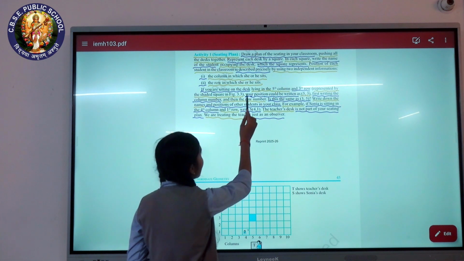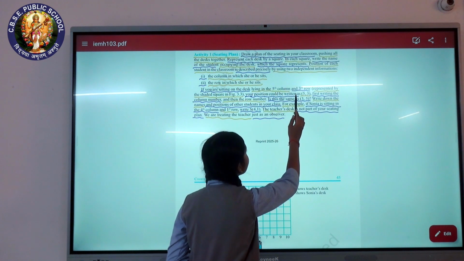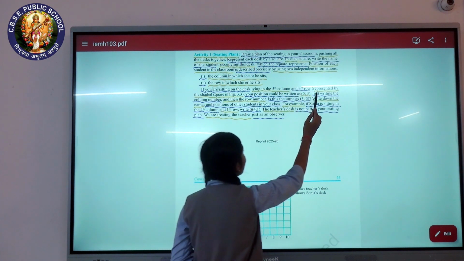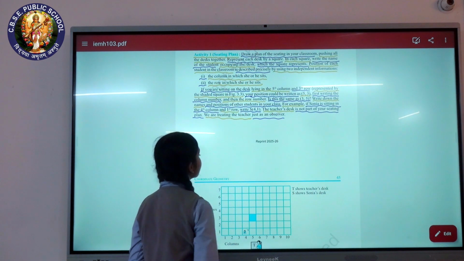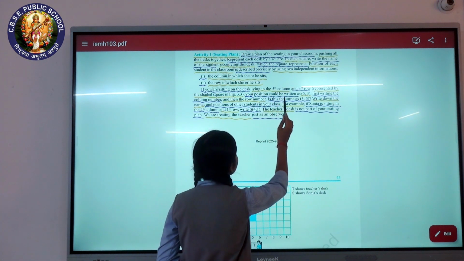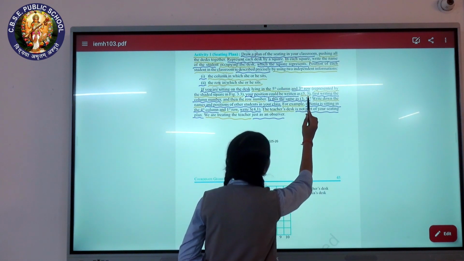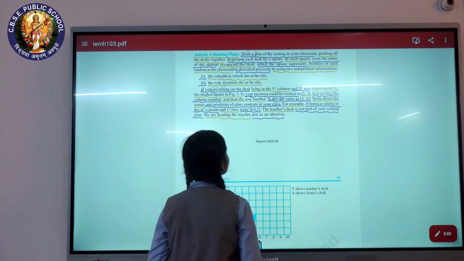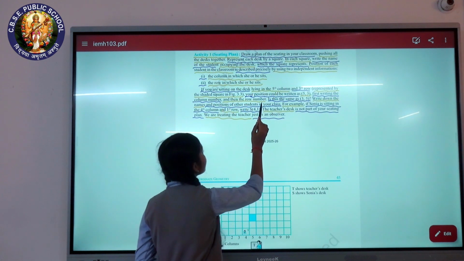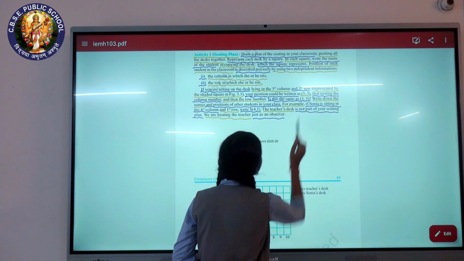If you are sitting on the desk lying in the fifth column and third row, represented by the shaded square in figure 3.3, your position could be written as 5-3, first writing the column number and then the row number. Is this the same as 3-5?